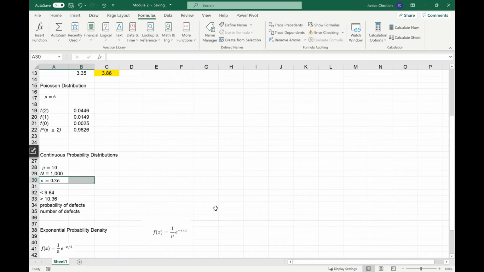And it said if an item weighs less than 9.64 ounces, or greater than 10.36 ounces, what is the probability of defects? And then how many units would that be? So what we want to do here is we want to find the normal distribution.